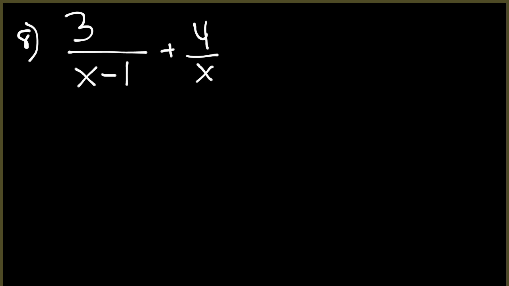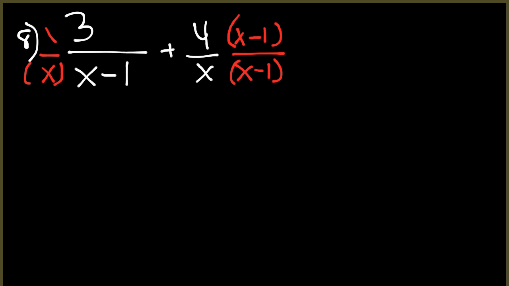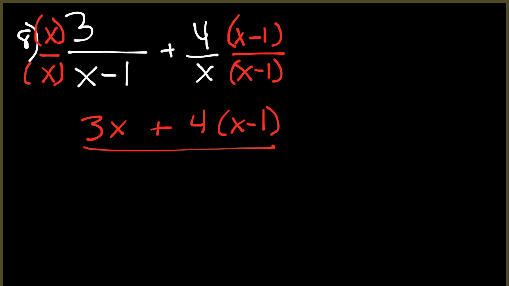I'm going to multiply by x minus 1 over x minus 1. This one, the common denominator, what I'm missing is just an x over an x. So I'm left with 3x plus 4 times x minus 1 all over x times x minus 1.